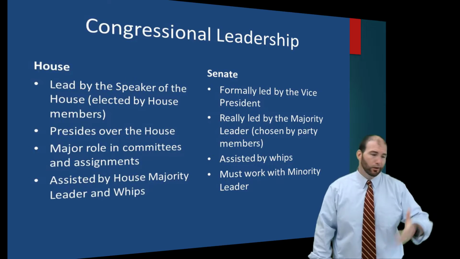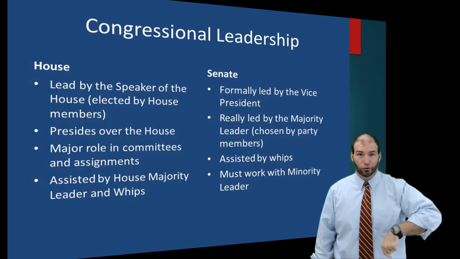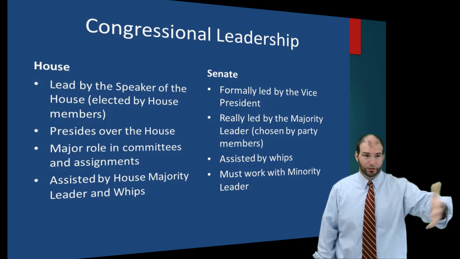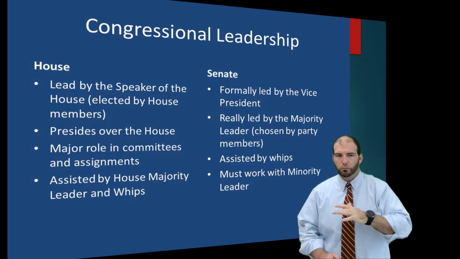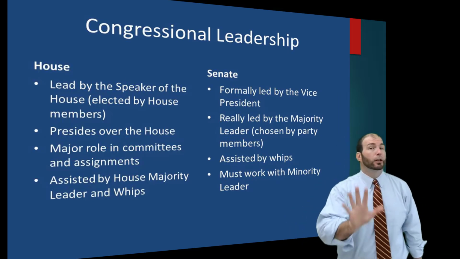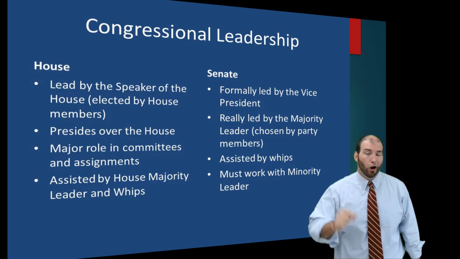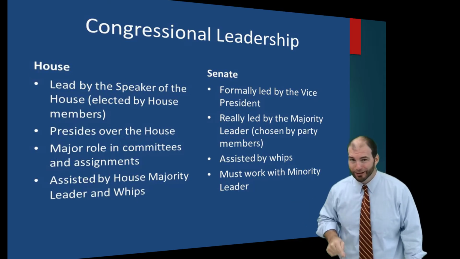Generally speaking, whoever has the majority gets to pick who's in charge of the House of Representatives, the Speaker of the House. This is really important, because the Speaker also gets to appoint who's in charge of all these committees.